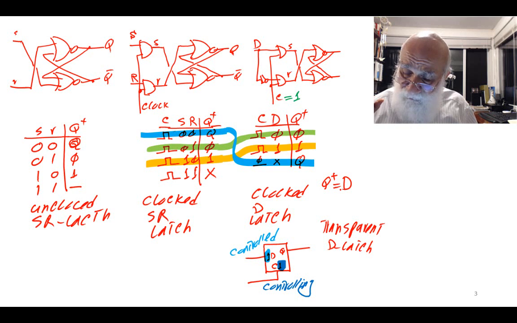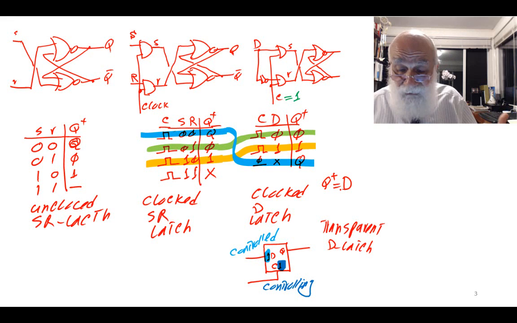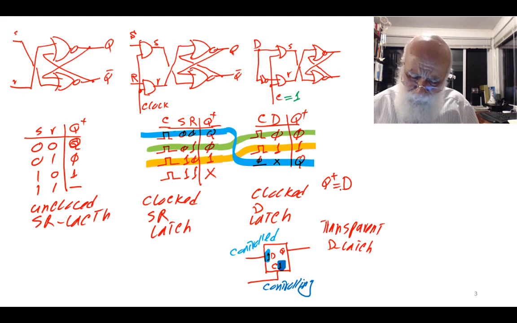Alright, what else do we need to say about this? The one in the middle is also a clocked SR latch. And if you want to know exactly how that works, look at it this way.